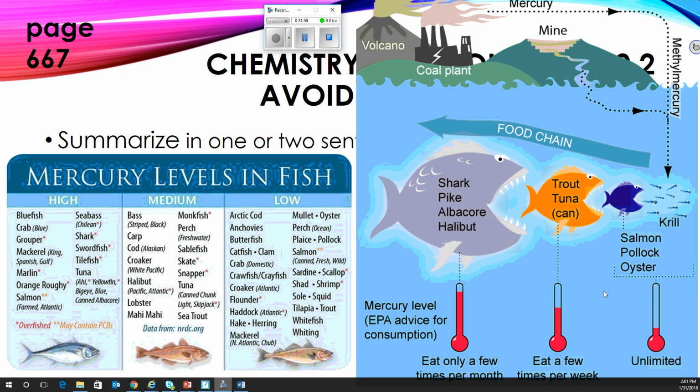There's a lot of things to be thinking about here, such as how we take mercury out of the system now that we've got it in.